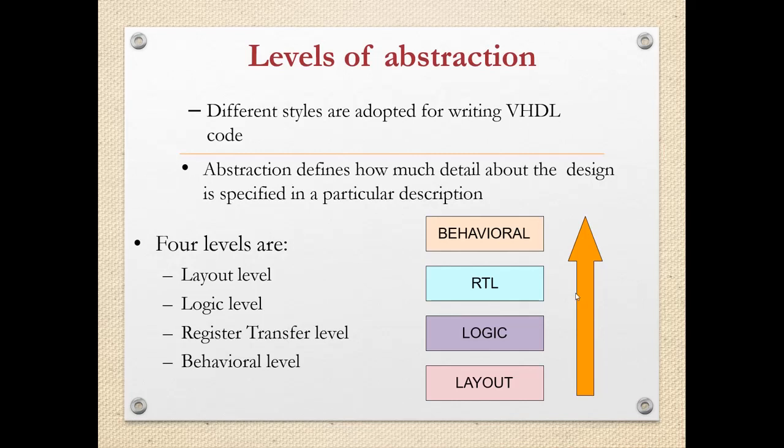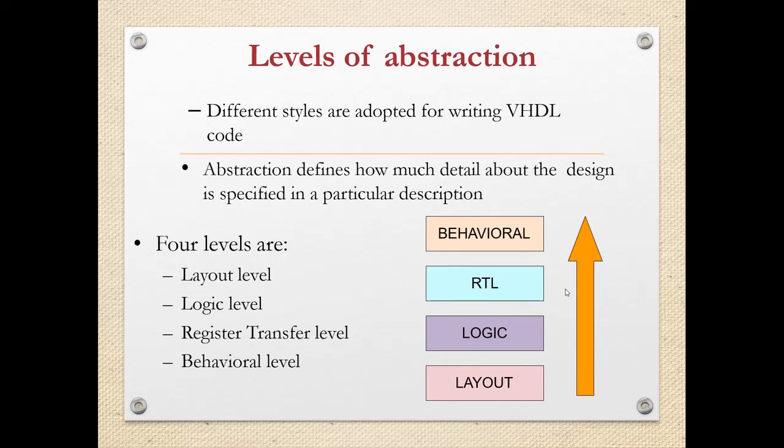Now we'll go to the levels of abstraction. Different styles are adopted for writing the VHDL code, and the abstraction defines how much detail about the design is specified in a particular description.